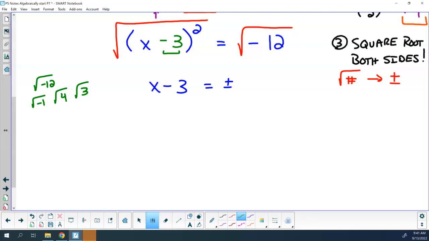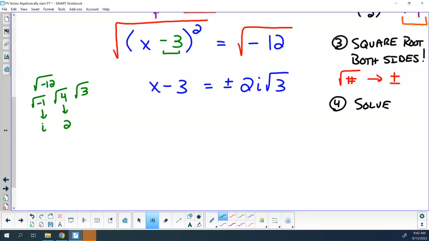The square root of negative 1 is i, the square root of 4 is 2, and the square root of 3 is just the square root of 3. So this would actually be plus or minus 2i square roots of 3.